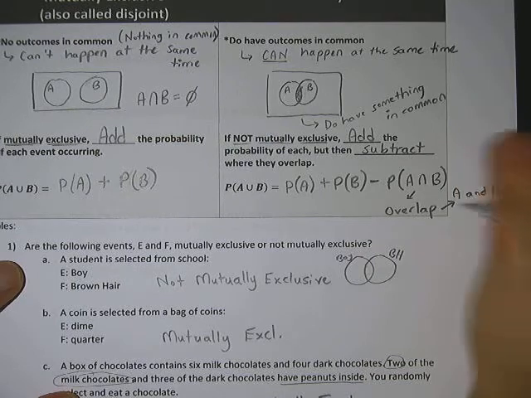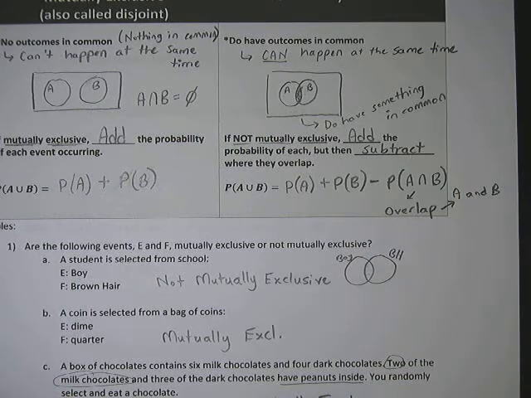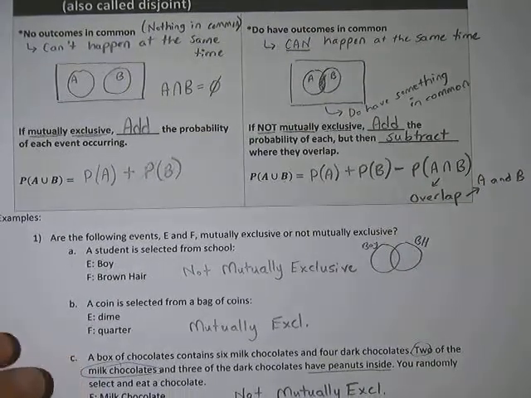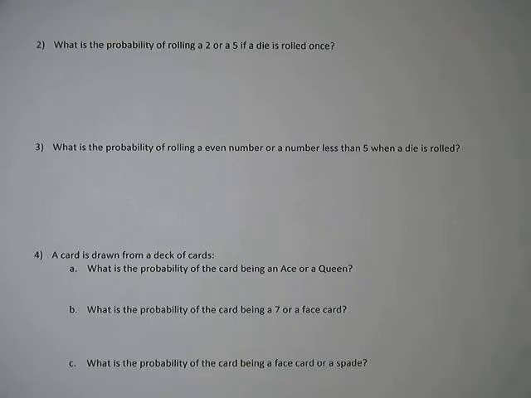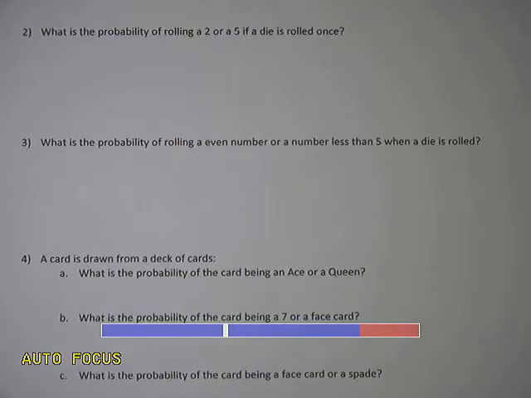So let's actually get into some examples so that you can see this in action, all right? So I'm going to have to flip the page here. So example number 2, it says, what's the probability of rolling a 2 or a 5 if a die is rolled once, all right?